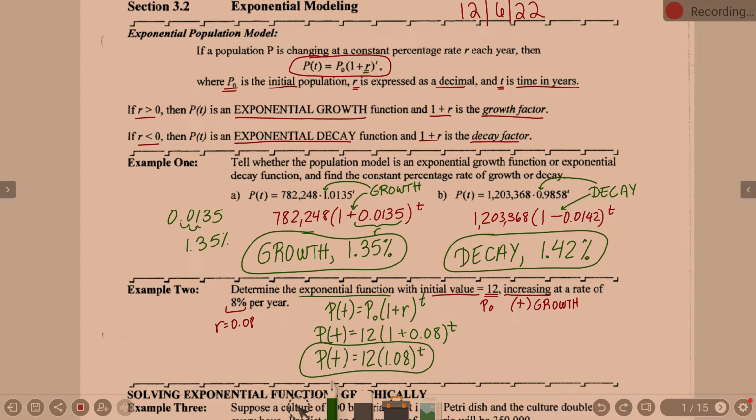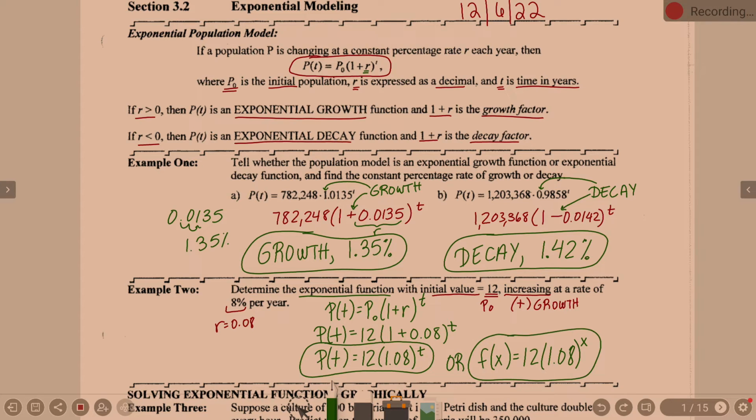I'm going to put an or on here because the problem did not specifically say anything about population, did it? It just said exponential function. We use population because that's what was given up top, but you could also use f of x here, or y equals. So if we use f of x, it's f of x equals 12 times 1.08, but raised to the x power.